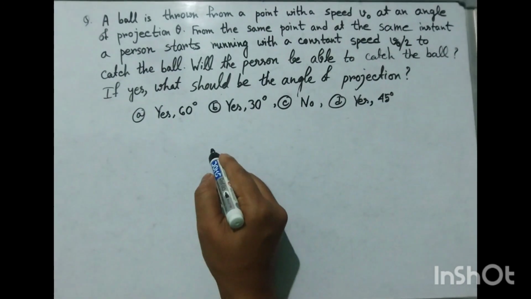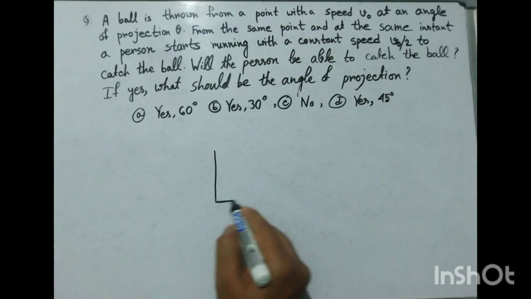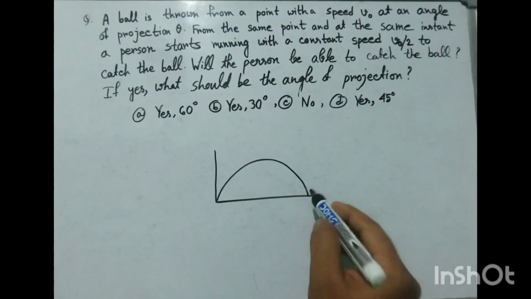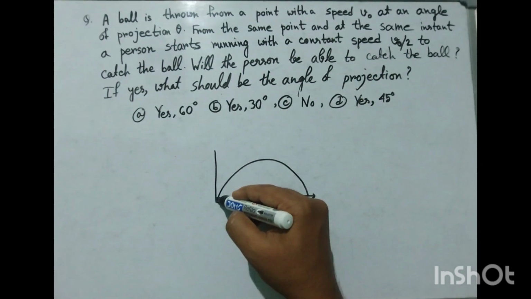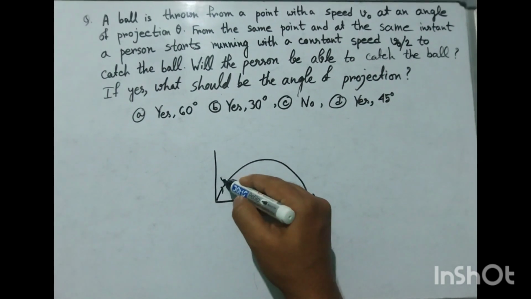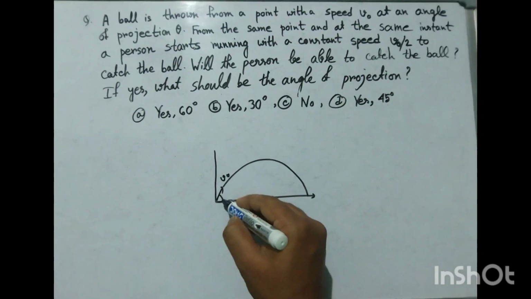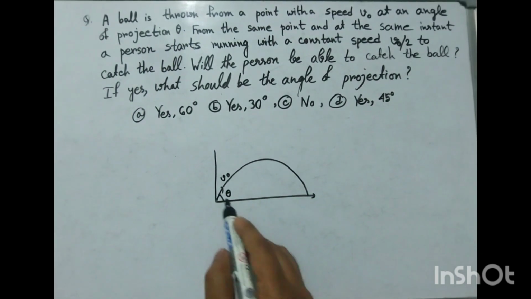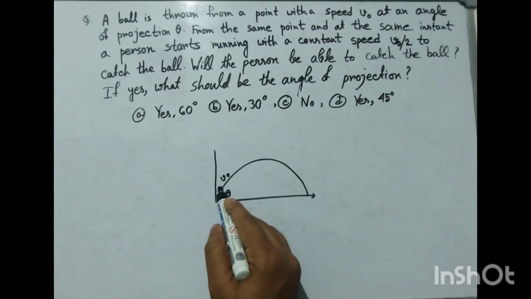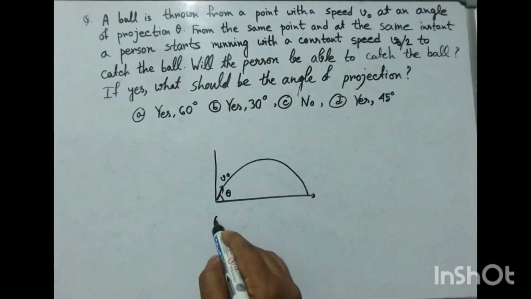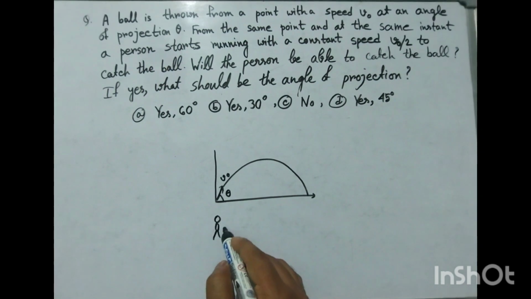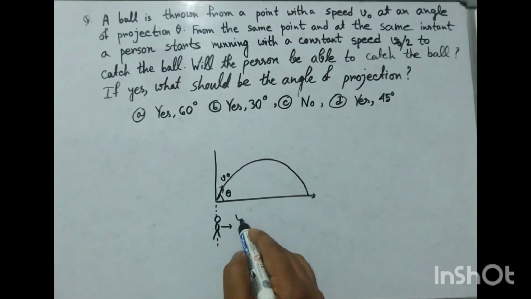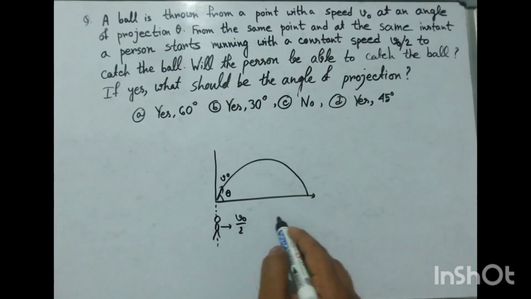Okay, this question is saying, suppose you throw a ball with speed v0 at an angle theta. At the same time when you threw the ball, a man started running from this point with constant speed v0 by 2.